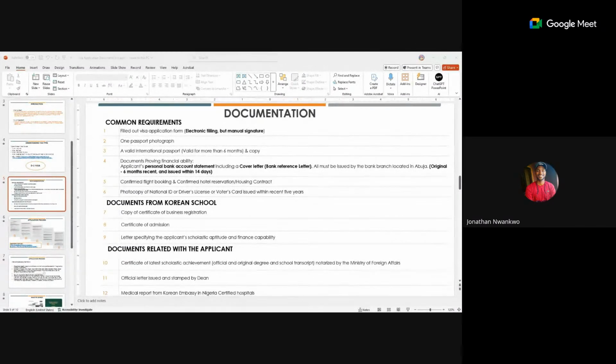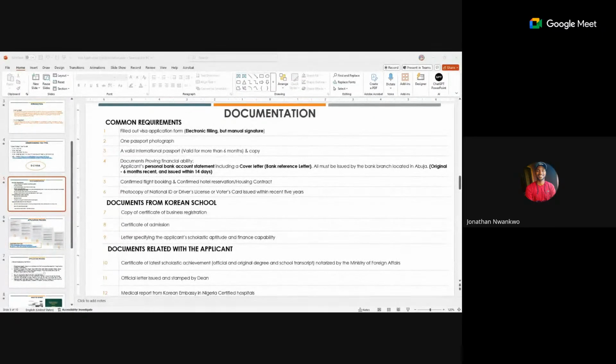Okay, and this document is best if you do, because they usually request that you provide either an original, which is not really advisable, but you can do a certified true copy from the court. So if you send a certified true copy, it will suffice. But before then, you should make a photocopy of it before sending it down to the school.